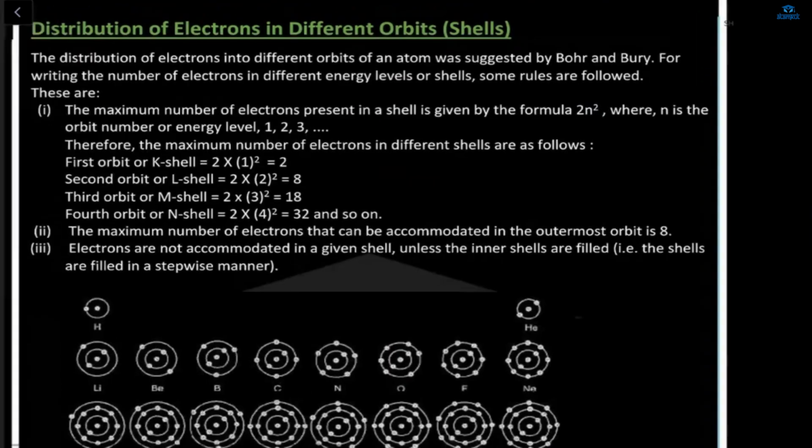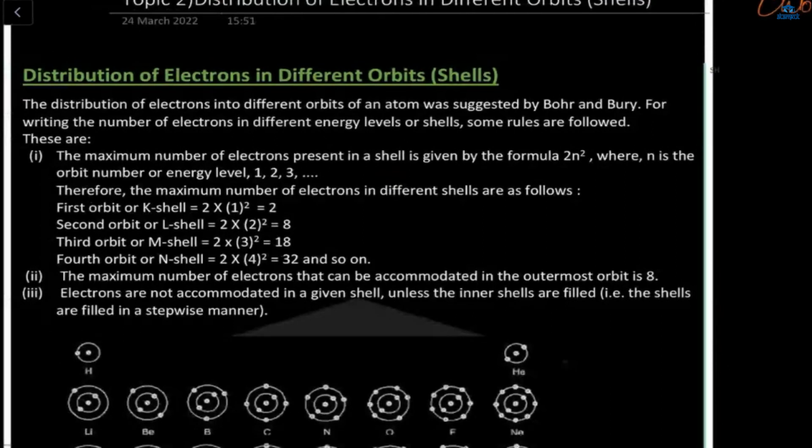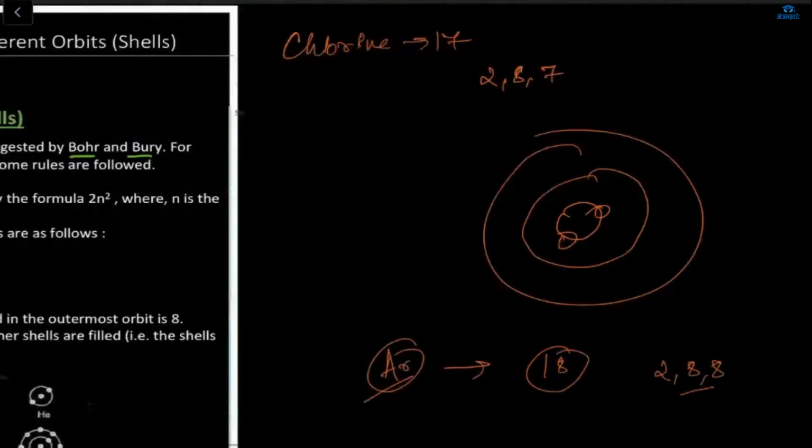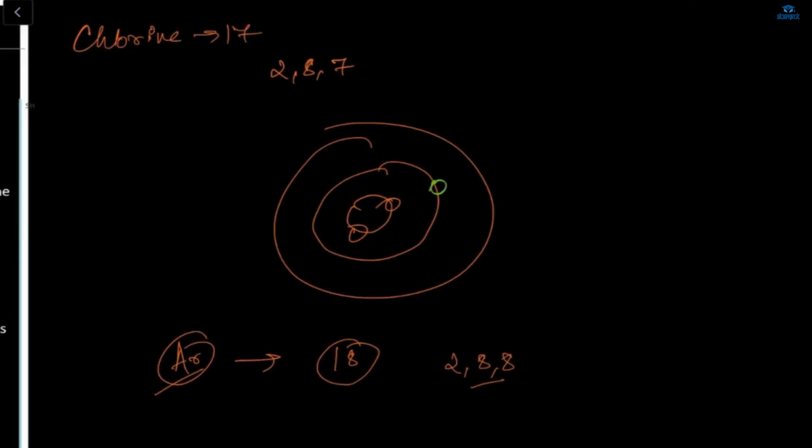Now we'll go through this paragraph. It says that the distribution of electrons into different orbits of an atom was suggested by Bohr and Bury. Just like here, electrons are distributed: 2 over here, 8 here and 7 here.